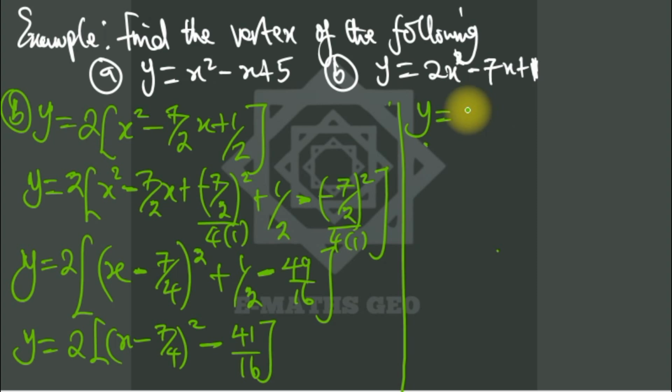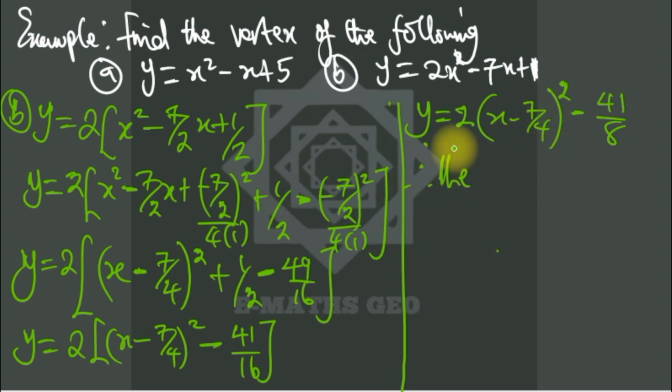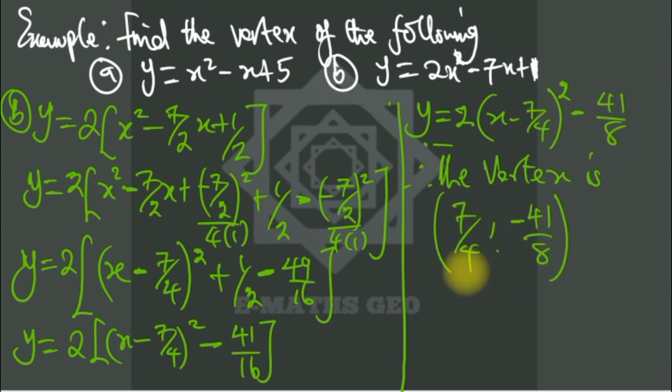So 2 times this is 2 times x minus 7 over 4 all squared. Y 2 times this is minus 41 over 8. Okay. We now have our vertex. Therefore the vertex is 7 over 4. That's our h. And our k is minus 41 over 8. So that's what we are looking for.